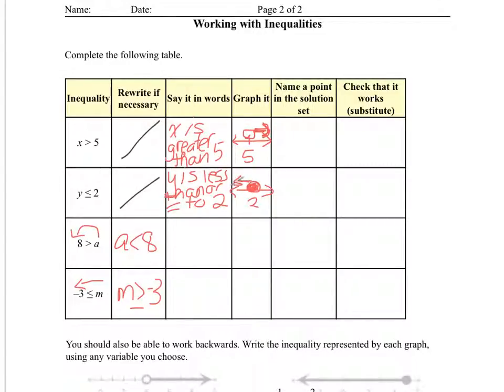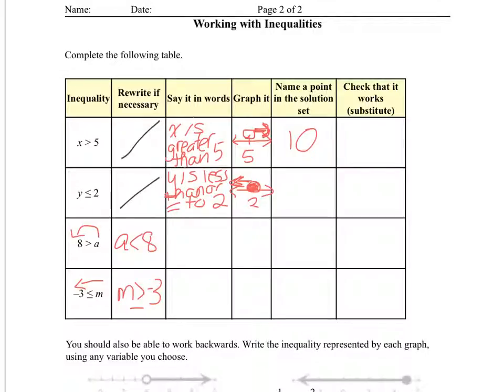Less than is to the left. That's graph it. Okay? Name a point in the solution set. Well, a point in the solution set is any number that is going to satisfy it. So what's a number bigger than 5? It can be any number. Okay? 10. Pick a number.